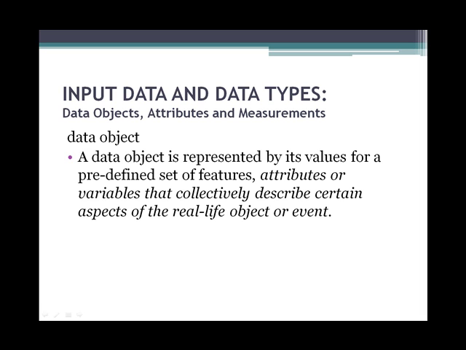So a data object is represented by its values for a predefined set of features, attributes, or variables that collectively describe certain aspects of the real-life object or event. Like if you take that flower example, you go out in the field, you pick up a flower, you can talk about its sepal length, sepal width, petal width, and its type, but obviously there are many other things you could describe about that flower.